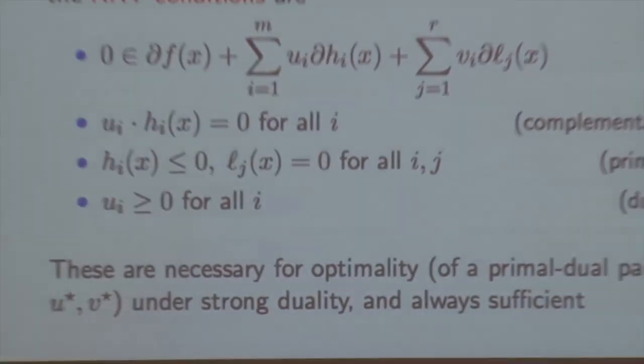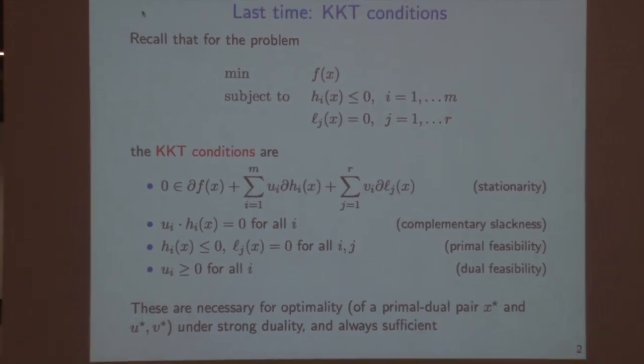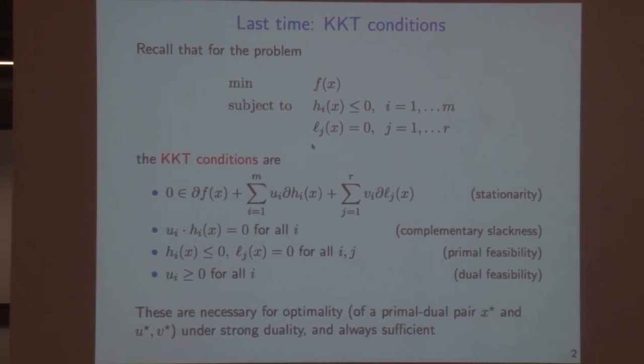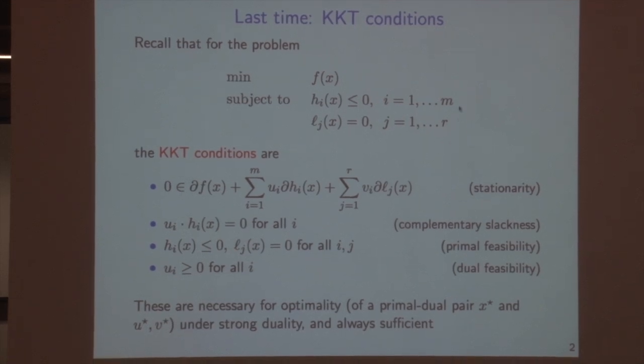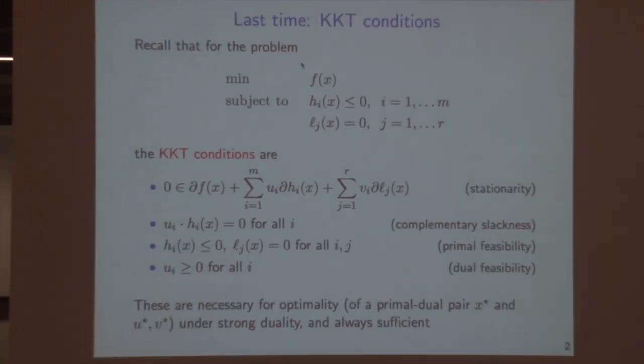Okay, so let's jump into this last lecture on duality. So last time we talked about the KKT conditions. That was our last lecture. And remember that these applied to a general problem. You wrote down this problem in its most general form. It need not be convex in the most general case.